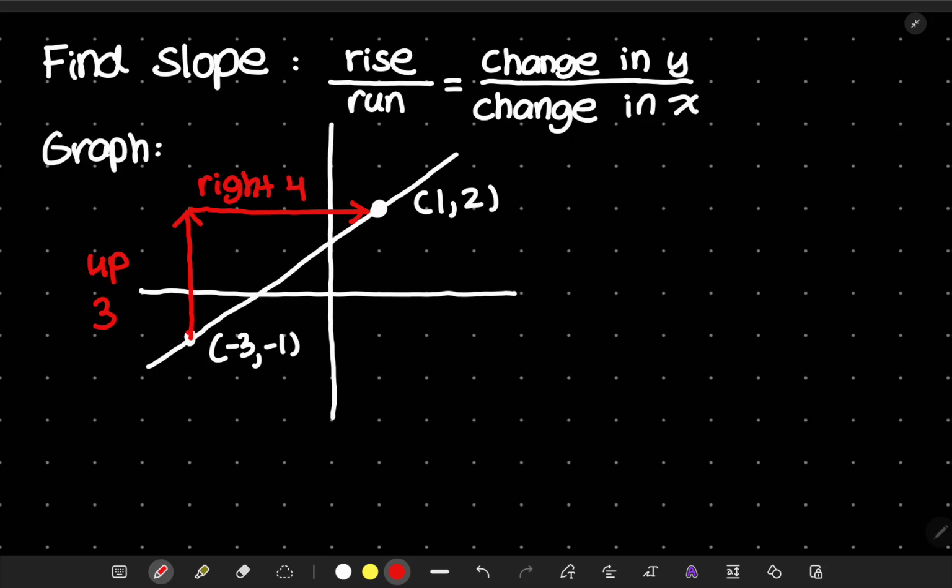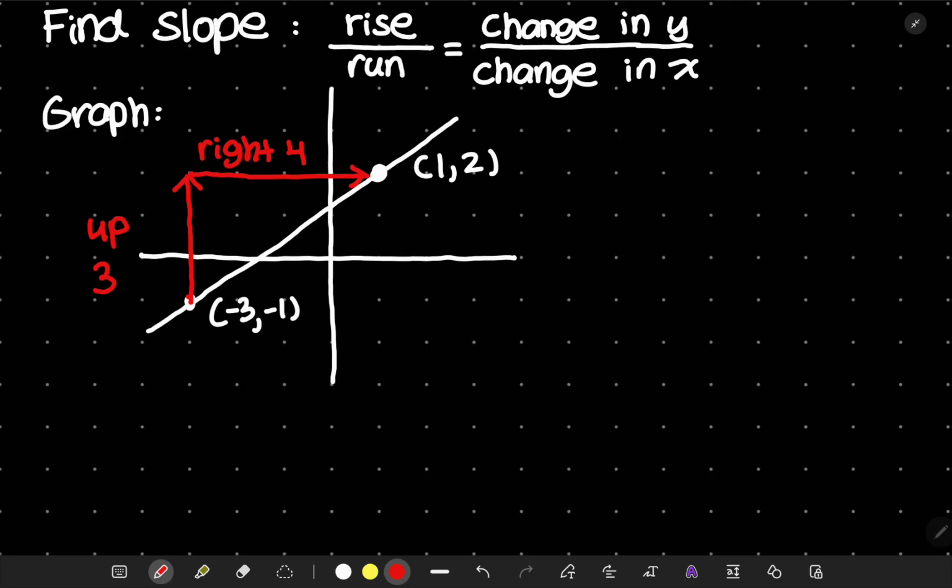But how does this help me? What is the point in doing this as my slope? Well, let's remember that slope is going to be rise over run. So because it's rise over run, it's a change in y over the change in x. My change in y is, notice that along the grid, the vertical line is my y-axis, while the thing that's going from left to right is my x-axis.